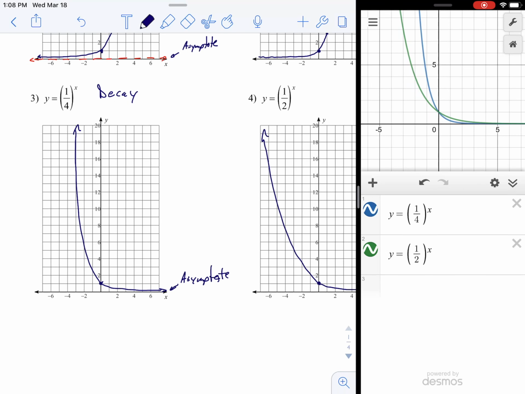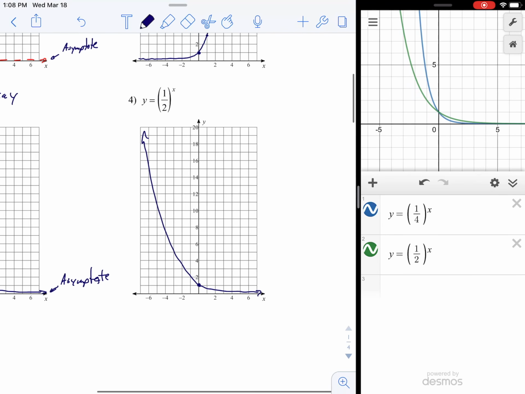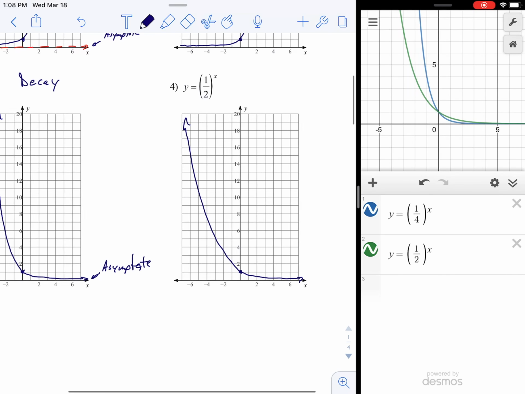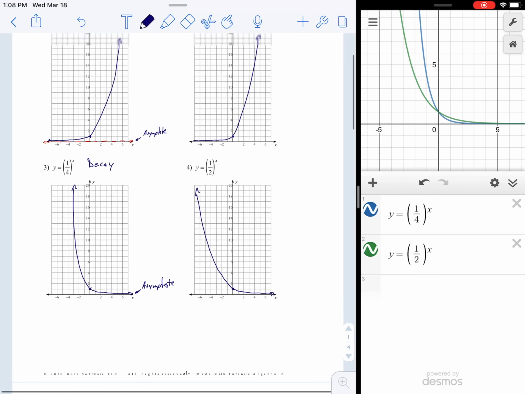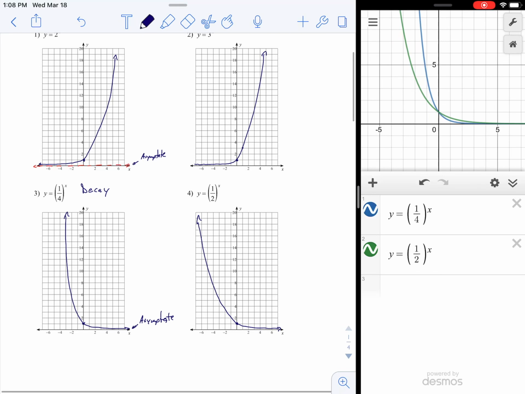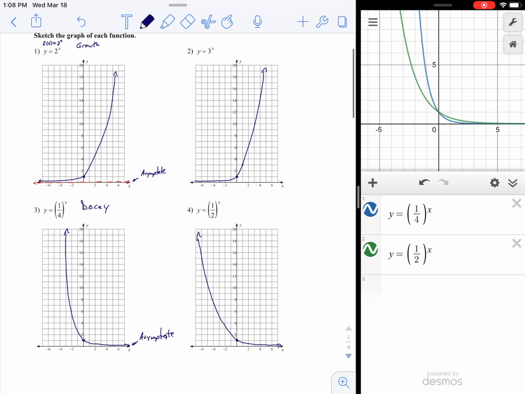So the fact that it's a fraction makes it decay. The type of fraction can sort of affect how steep the curve is. So there's your sort of 4 basic, well, really there's only 2 basic exponential functions, the growth and the decay. I just did 2 of each type for you to look at.